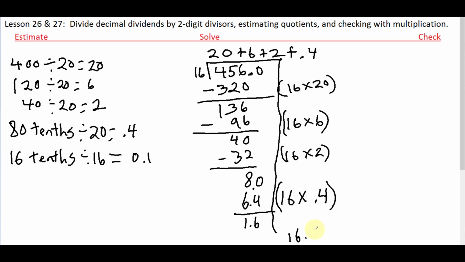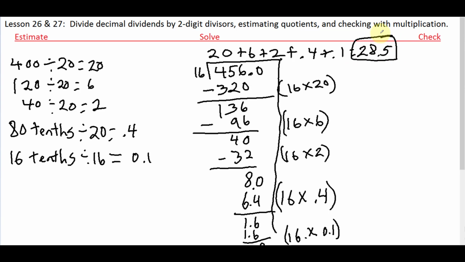So for our final partial quotient, we'll have 16 times 1 tenth, which is going to equal 16 tenths, and a remainder of 0. Let's add our final partial quotient in here. And we have 20, 26, 28, and 5 tenths as a final answer, 28 and 5 tenths.